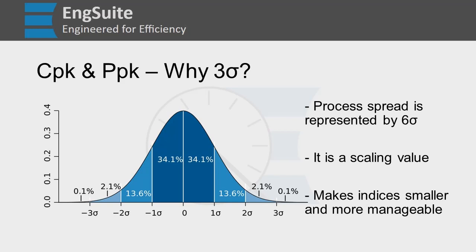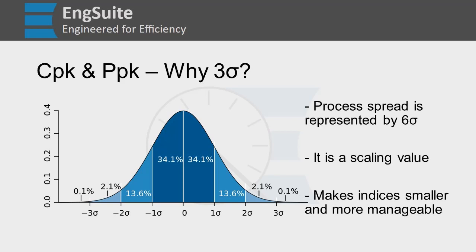And when we calculate the critical value of 1.33 and show what that actually means, you'll then understand what 6 sigma means and why 6 sigma. The other reason that it's included in your actual capability indices calculation is because it scales it. It makes our indices smaller and more manageable. It gives them recognizable values like 1.33.